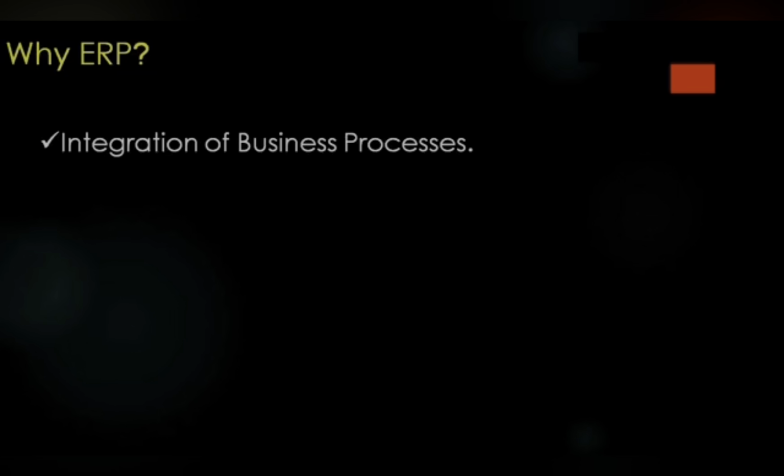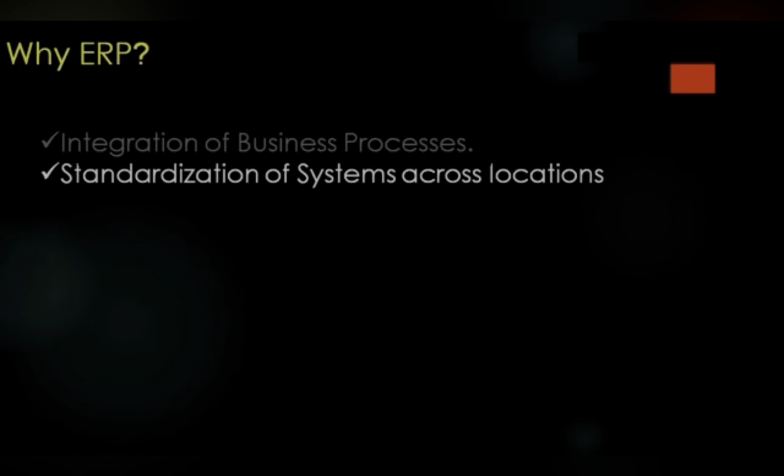So integration of business processes. So all the business processes, whether they are running in sales, whether the processes are in production, material management, finance, everything will be integrated. Standardization of system across locations. So if the company is in different location, different countries, doesn't matter where they are, you can have a standard process across different location.